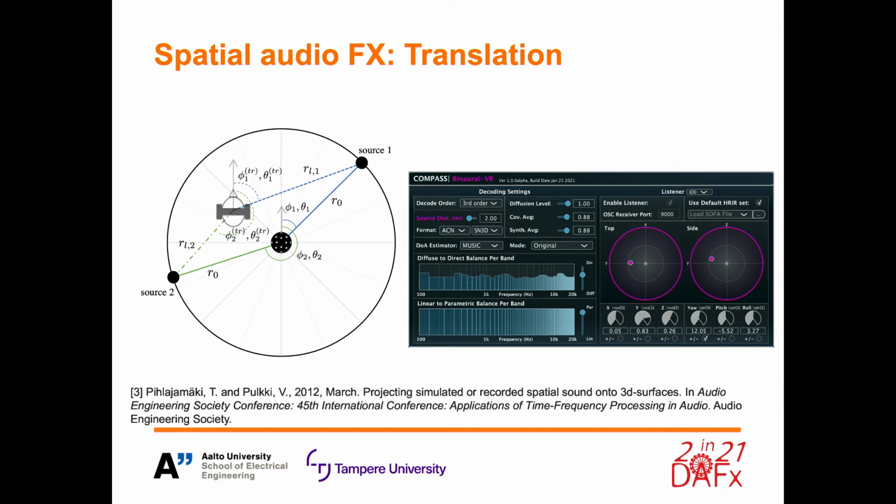However, once you have the source distance information, the reproduction directions for a translated listener with respect to the receiver can be determined based on simple trigonometry, as shown by the figure on the left. And if we also incorporate the 1/r distance compensation law, this translation effect can be quite convincing. In the developed audio plugin shown on the right, the listener position and head orientation can either be manually defined, or this information can be obtained via a virtual or augmented reality headset.